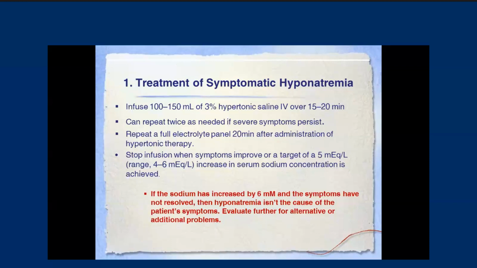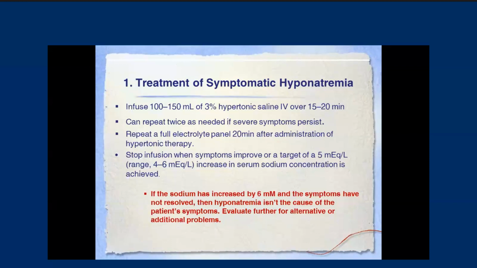And this can be done by infusing 100 to 150 ml of hypertonic saline over 20 minutes. And we need to repeat the electrolyte panel after 20 minutes to see the increment in the sodium level.